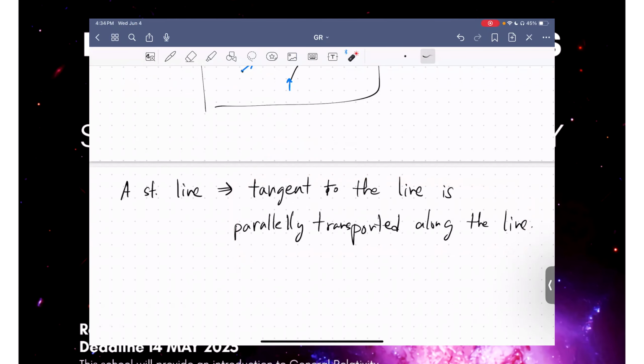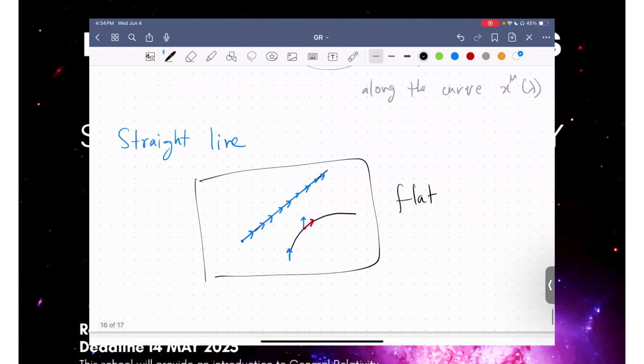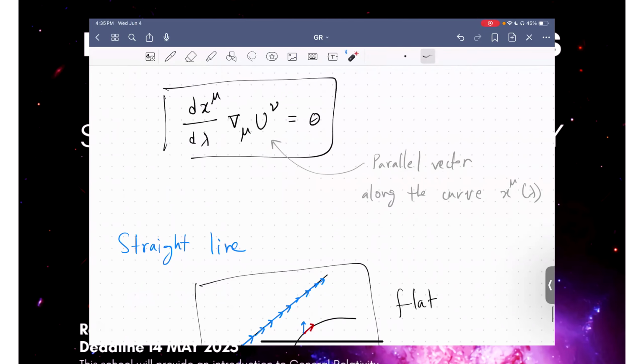And how do we express it using symbols? Recall our definition of a parallel transport. Here we were saying that a vector u is being parallelly transported along a line defined by x mu as a function of lambda if it satisfies this condition. And this is the tangent vector, right?